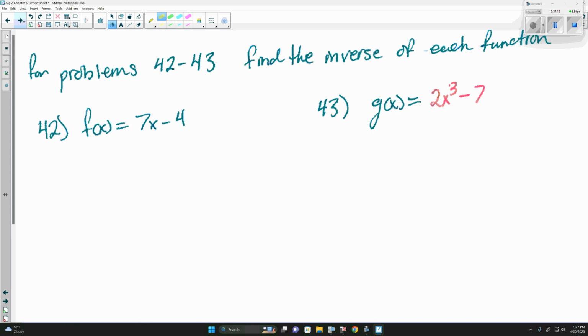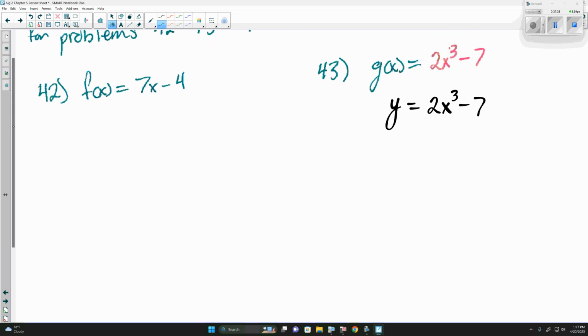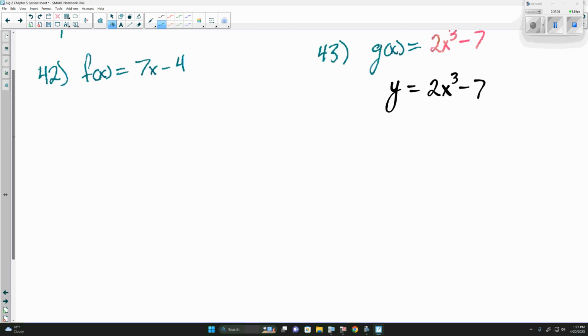Find the inverse. 42 or 43, which one do we want to look at? 43. Because these are going to be the same. The steps might be a little different when solving. But the first thing we do is replace, in this case, g of x. All the ones we had in class were f of x, but it's still the same.